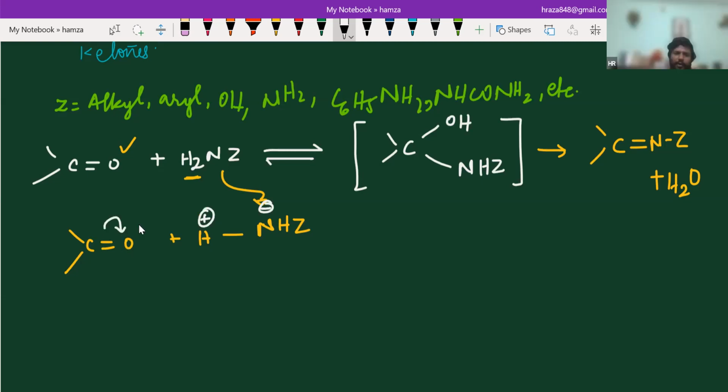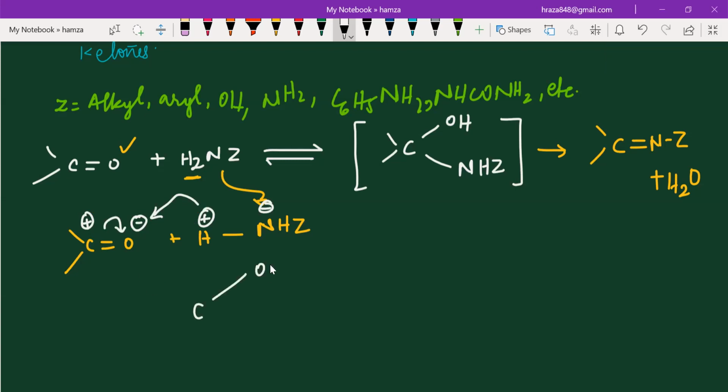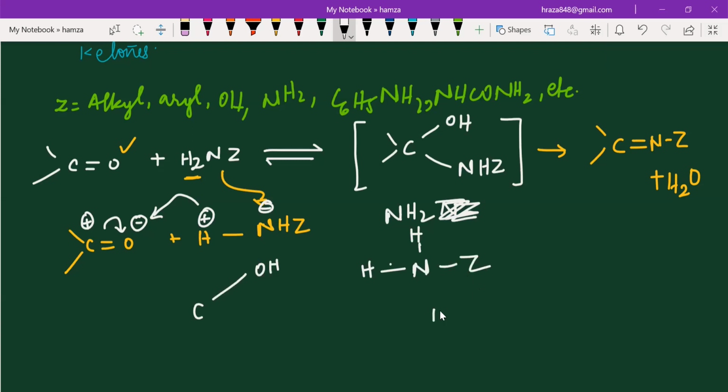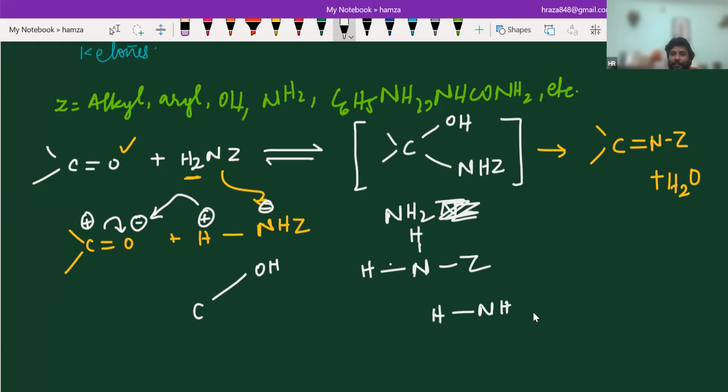So it will go with this, forming a single bond. It was NH2Z, right? So can I write this is Z? If you write this, it will be hydrogen, hydrogen, and then Z. According to requirement, can I write this NHZ or NZH?